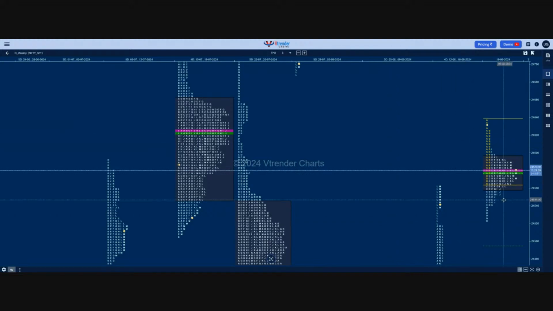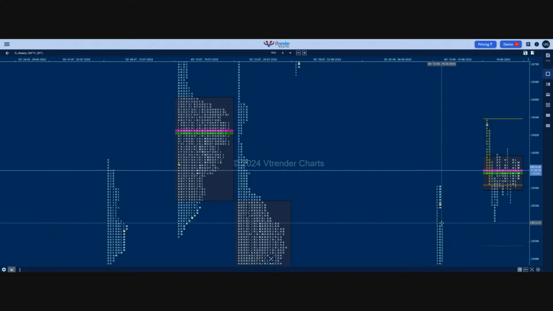So we know this is a supply zone, and once we don't find the auction sustaining above a certain reference, it is always telling us that the auction may probe lower to test the lower references. So what we did in the IB was the B made lower lows, and then we got back into this neutral extreme profile of Friday. So B was taking support at the highs, but once we made the D, it was obvious that we are going to test the lower reference.